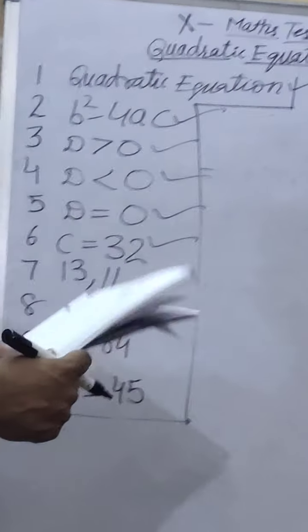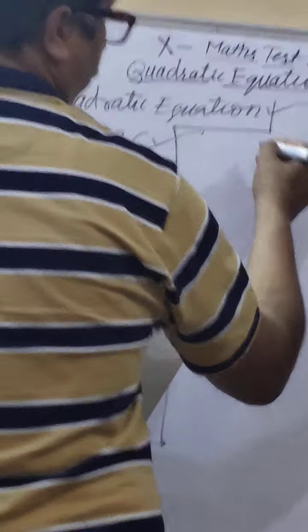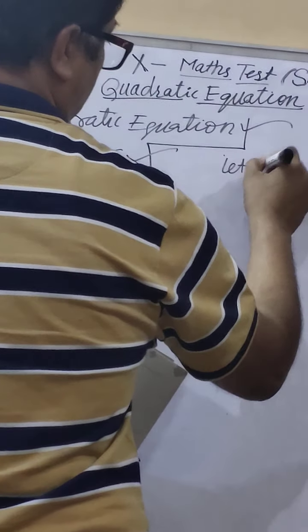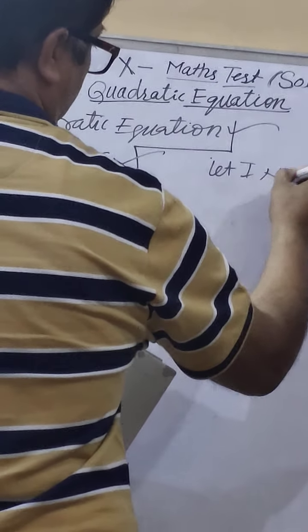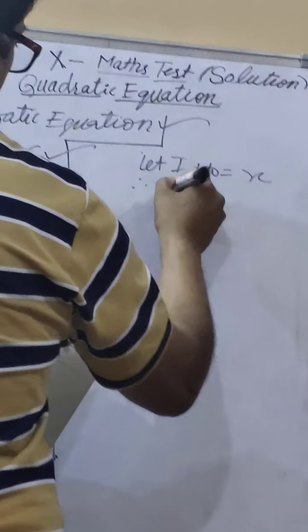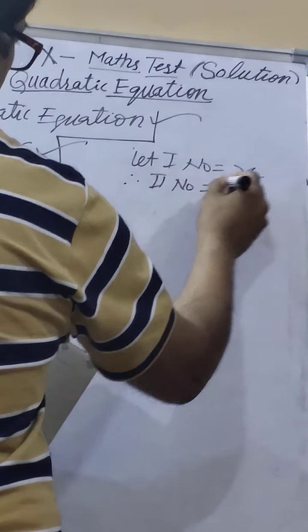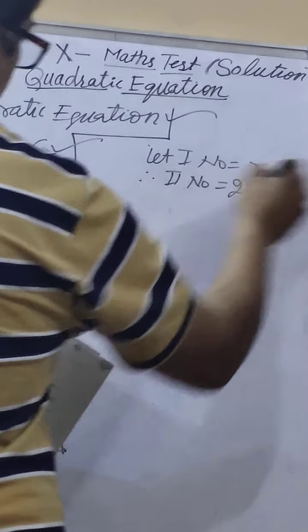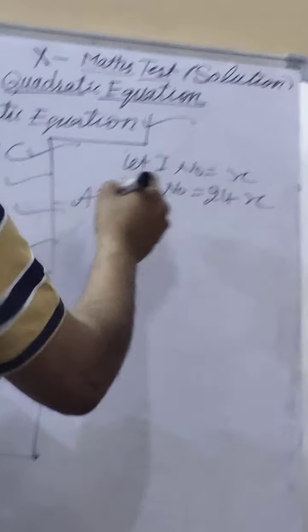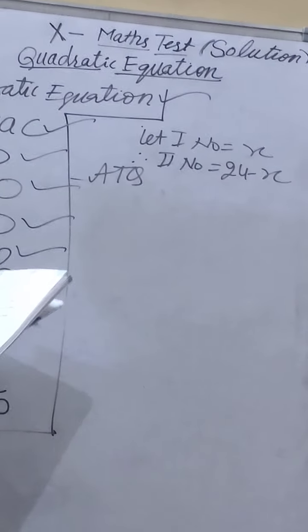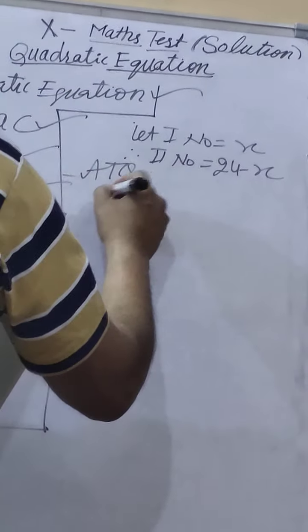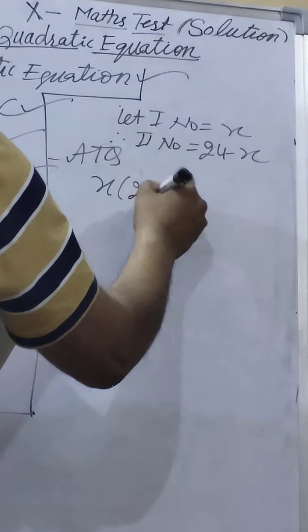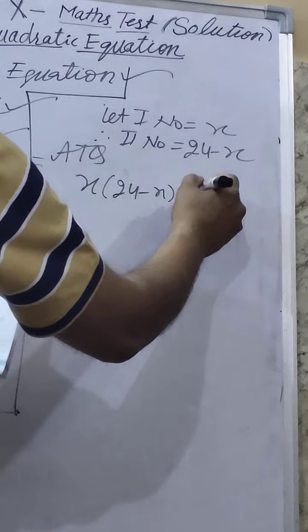Find the two numbers whose sum is 24. So let first number x, therefore second number 24 minus x. So according to question he is saying their product is 143. x into 24 minus x is equal to 143.